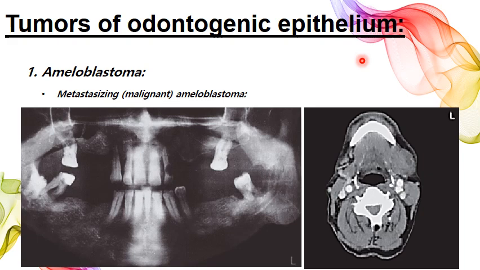Instances of metastasis are seen mostly associated with multicystic ameloblastoma rather than unicystic. Like we said, the multicystic has the ability to infiltrate through the trabeculae of bone. They are more aggressive than unicystic, so they have more malignant or metastasizing ability.